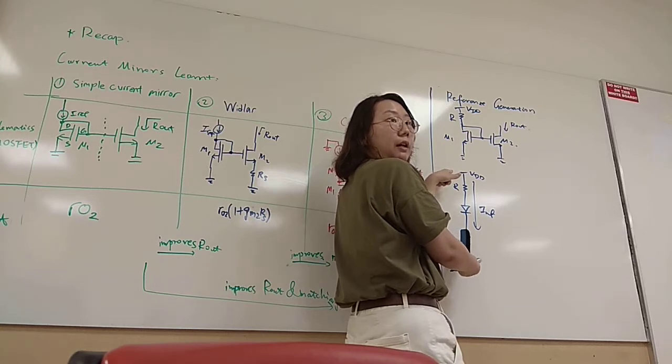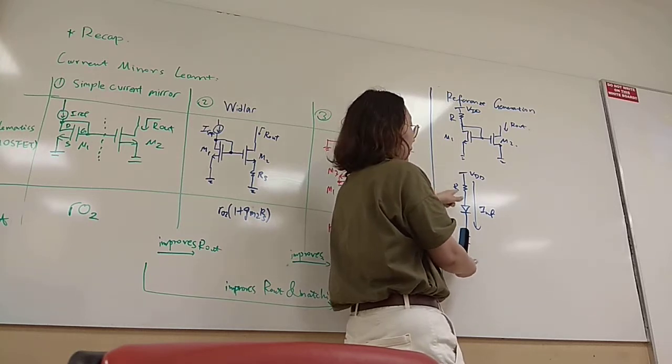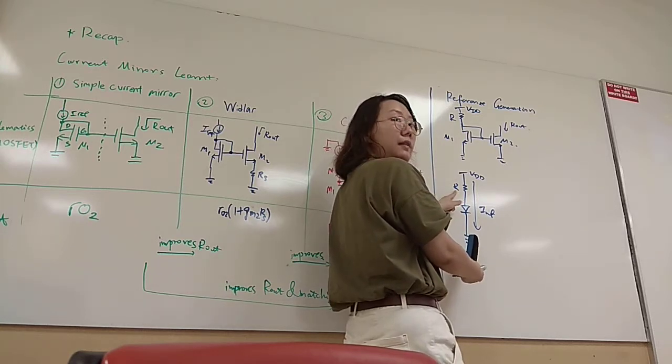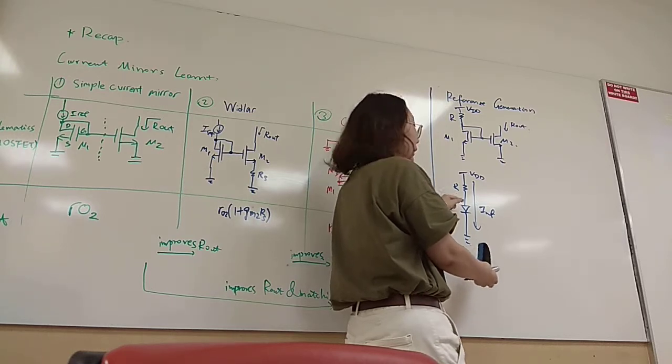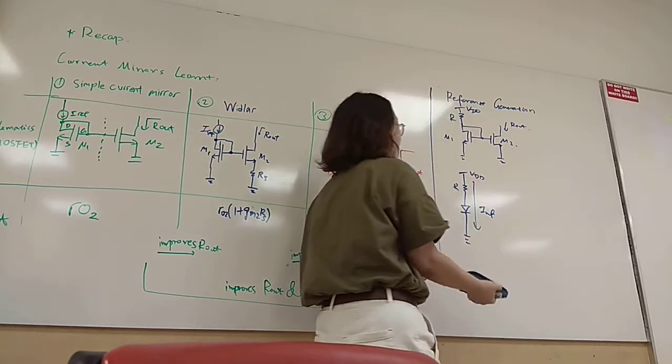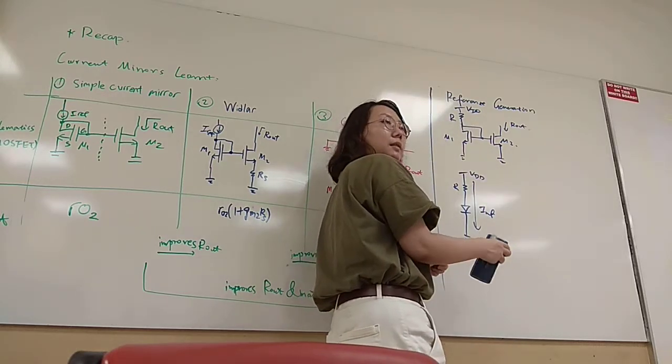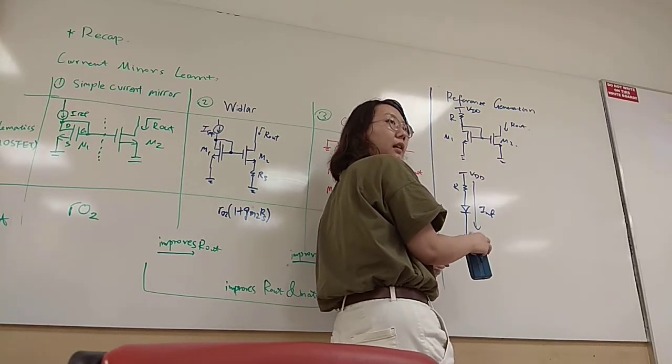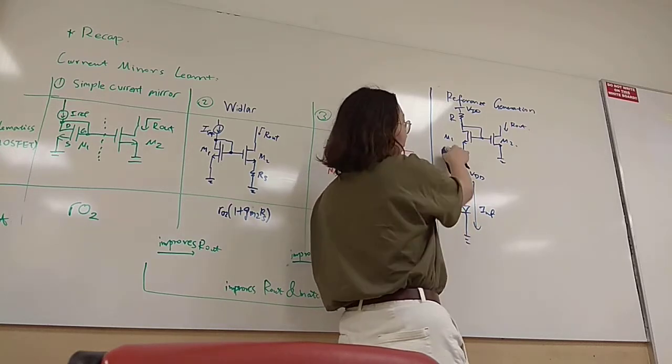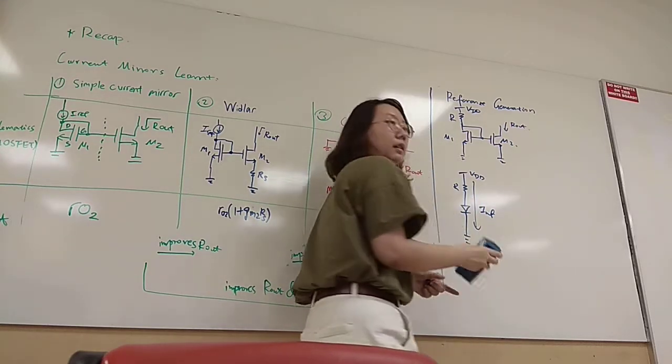And this current is your IREF. And this current can be controlled by this R value. Okay? So that's the simplest way to generate this IREF. But what's the problem about this kind of method?